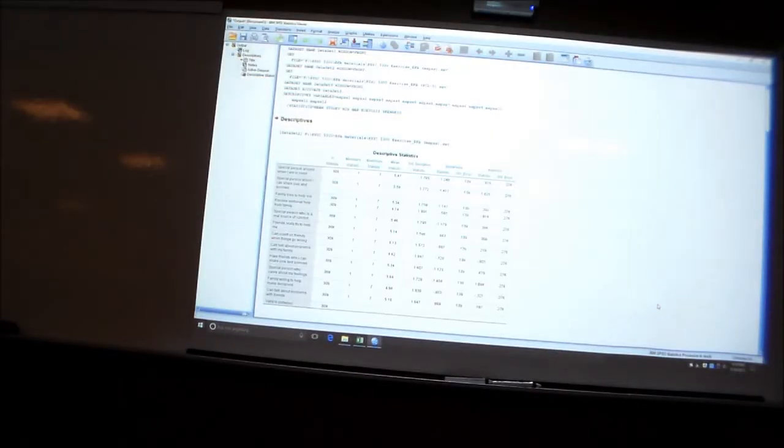Yeah, the distribution looks pretty good, right? In general, some people are reporting very low levels of support, some people are reporting very high levels of perceived support. All our values are within what they should be. So again, you might want to do a more in-depth look if you want to do item level analyses, which isn't a bad idea. But in general, things are looking pretty good, right?